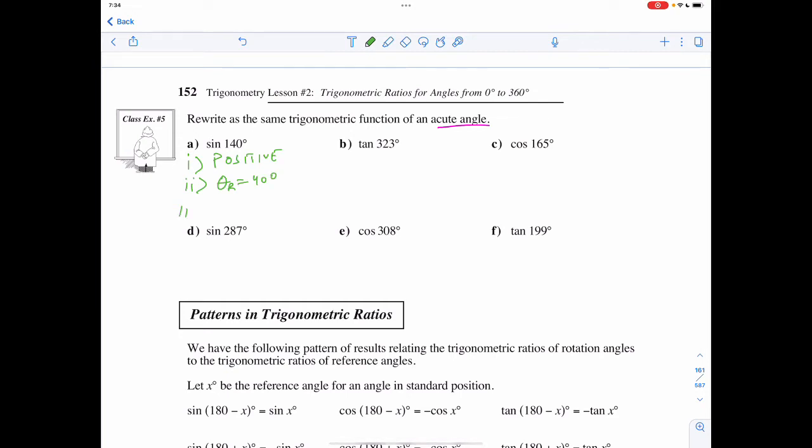So sine of 140 has to be equivalent to the positive sine of 40 degrees. And I could always put both of these in my calculator to double check.